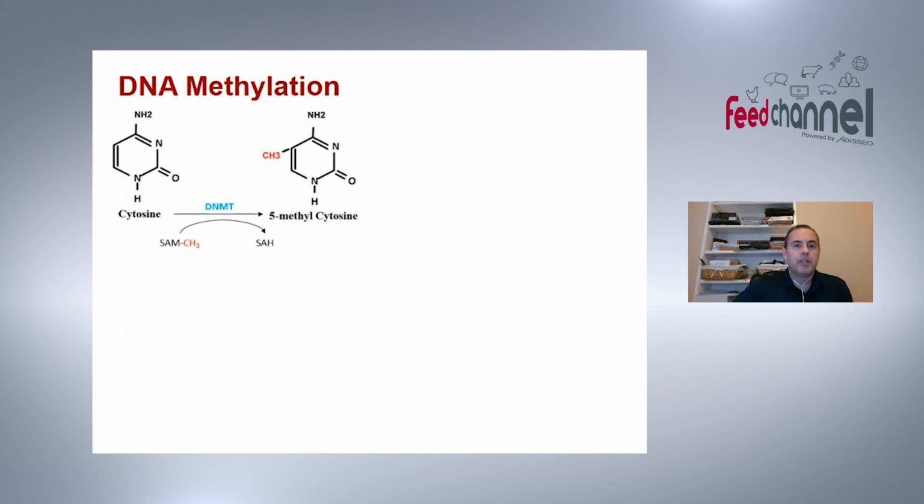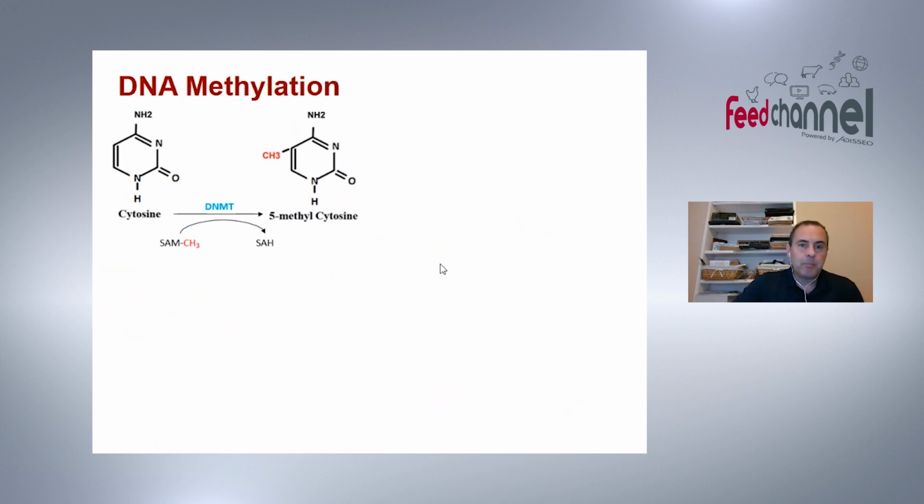And this reaction is carried out by an enzyme called DNMT, or DNA methyltransferase. And it requires a donor, which can be one of those compounds that I mentioned before. In this particular example here, I'm using S-adenosylmethionine as the methyl group donor, which you can see is being transferred to cytosine to form 5-methylcytosine.